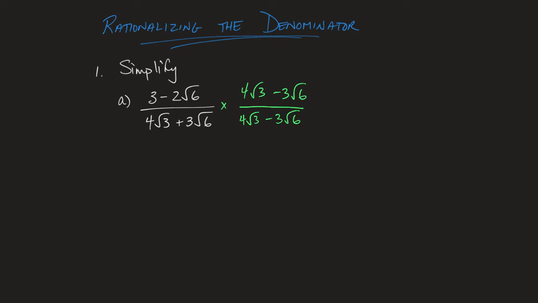So we then went through and expanded the top. I've got a 12 root 3 minus a 9 root 6 minus an 8 root 18 plus a 6 times 6. Now, some of you can already see that I've put some blinders on a little bit for us.